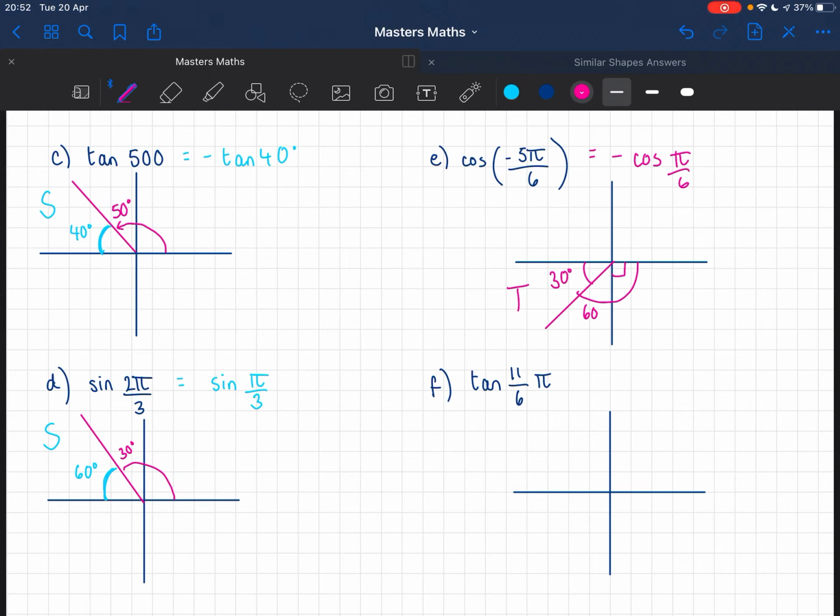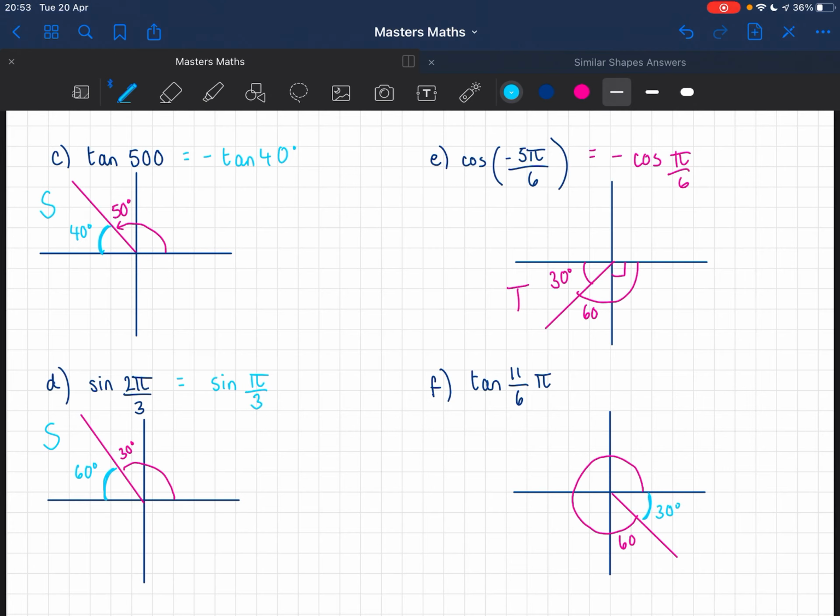We're going around from the positive x, we're going anti-clockwise, taking us all the way to the fourth quadrant. If the negative y-axis is 270, then to get from the axis to our line is 60 degrees, meaning the acute angle with the x-axis is 30.